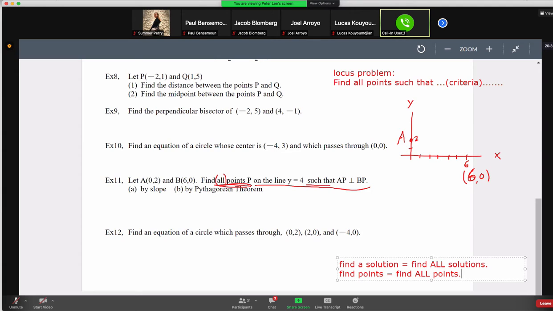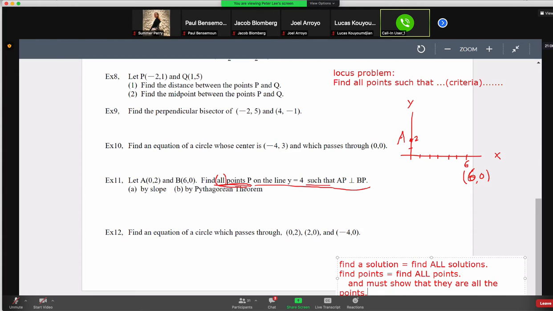You have to find all the points, and you must show that they are all the points. Or if you find one number, then you have to show that that is the only number. You have to actually derive the solution.